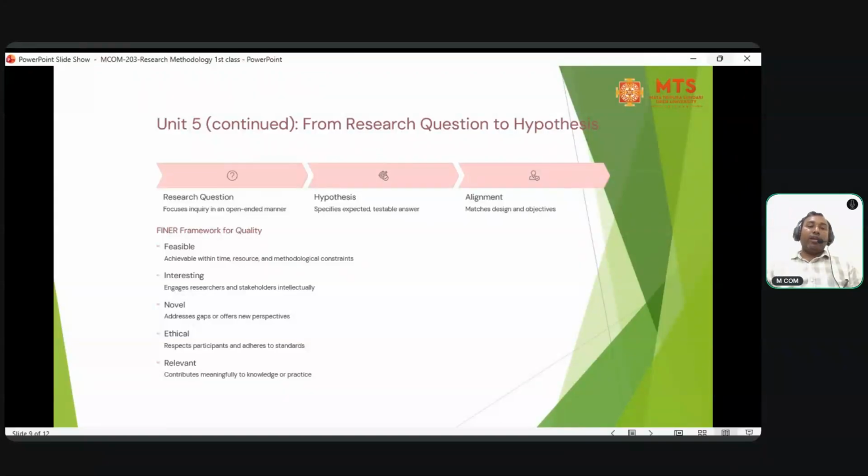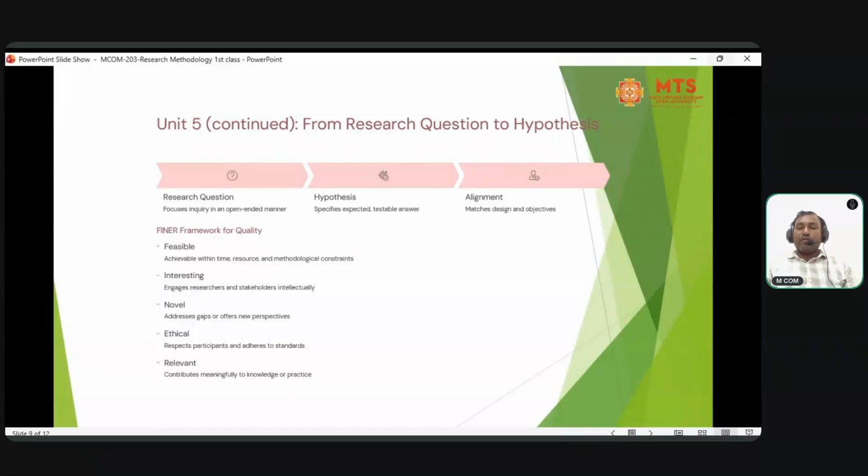N, novel: addresses gaps or offers new perspective. And E is ethical: respects participants and adheres to standards. R is relevant: contributes meaningfully to knowledge or practices.